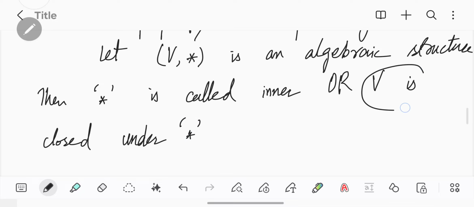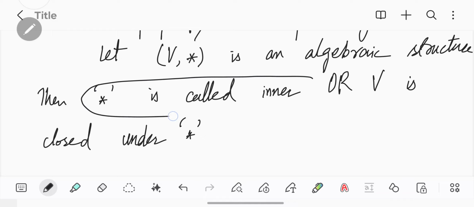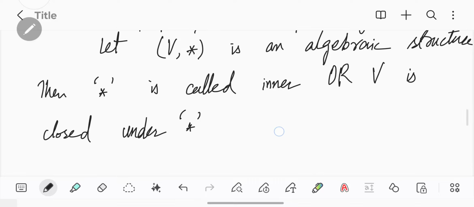Some people write V is closed under star, and some people write star is called inner operation. These two statements are the same, they have the same meaning.